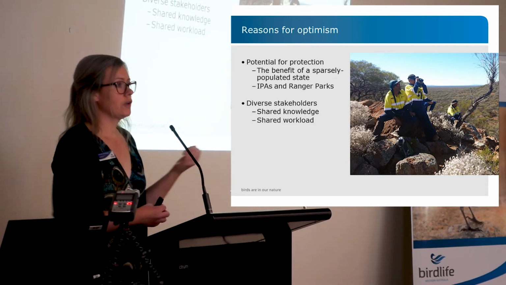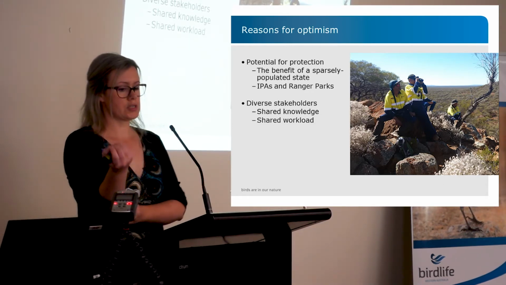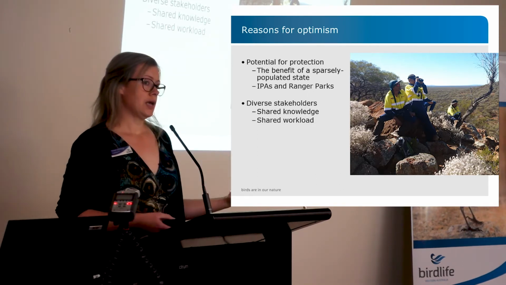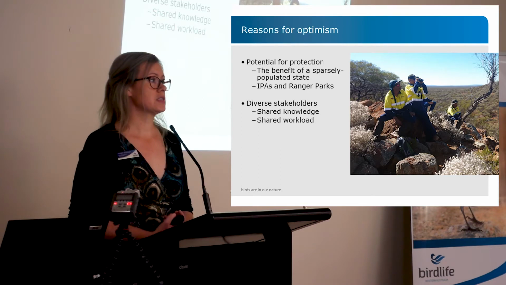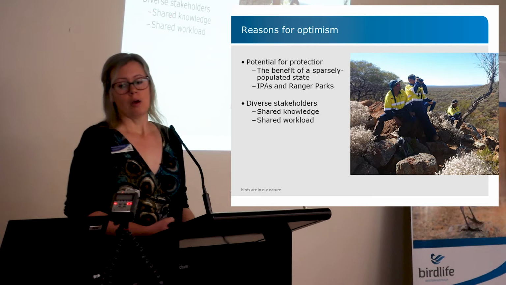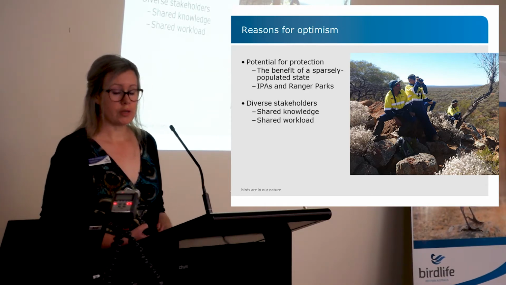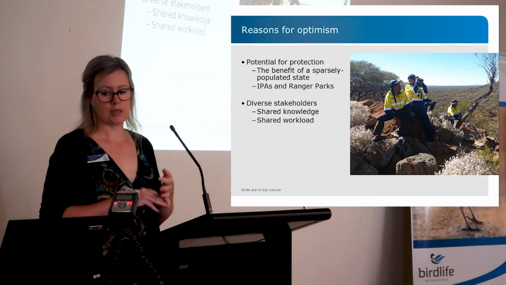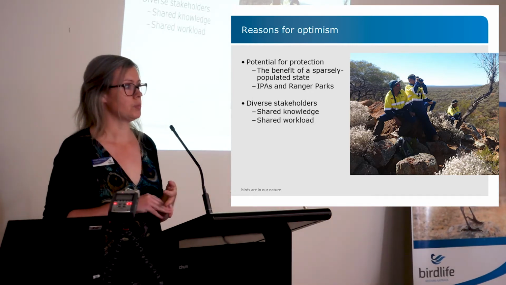But there's also significant potential to get involved with protection. When we look at protected landscapes in the state, about 10% of the state is state-managed conservation estate, but there's an additional 13% that sits under Indigenous protected areas and potential ranger parks.